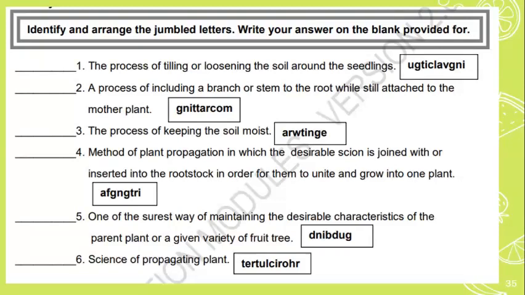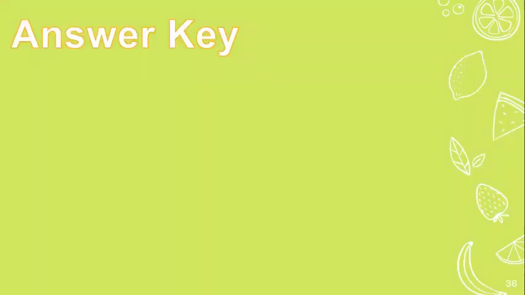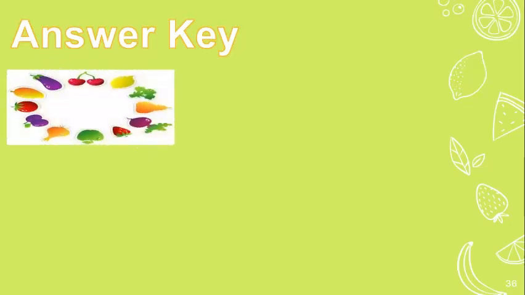Are you done? So let's have the answer key. Check your own paper and write your score on the upper part of your activity notebook. Okay, let's have number 1. It is cultivating.